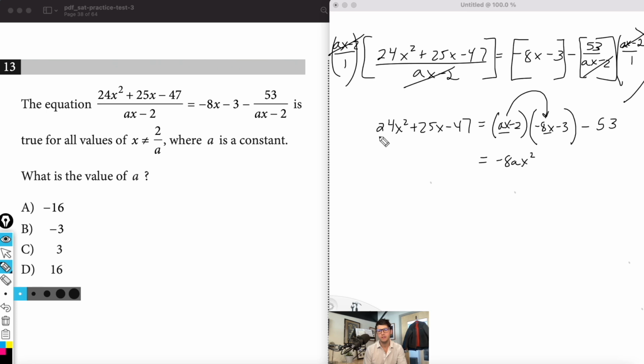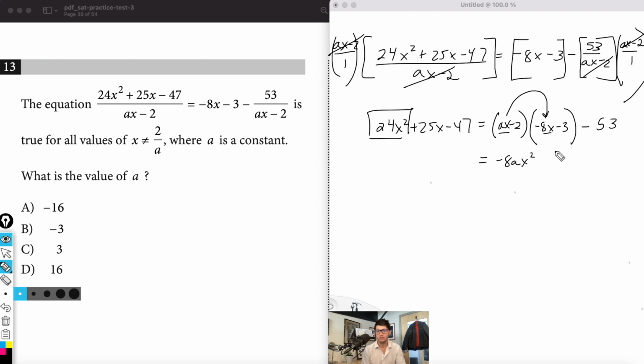If you paused right there, you would say, look, if this is true for all values, then this 24x squared is negative 8ax squared, which means a has to be a value such that 24 equals negative 8 times a, otherwise known as negative 3. So that's another way of using this. And you could keep going with this math. You could do the middle terms, and it might help you clarify what's going on, but it's ultimately not necessary.